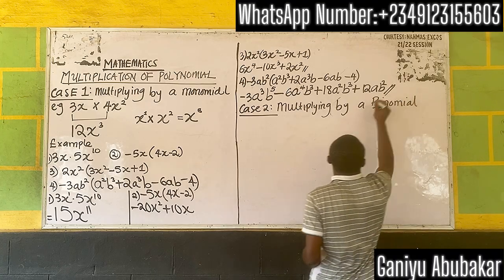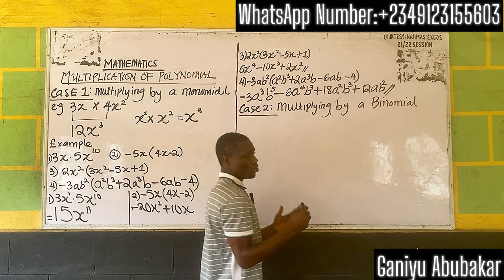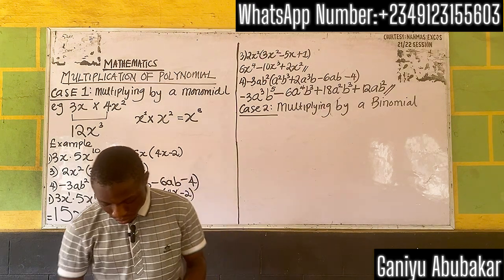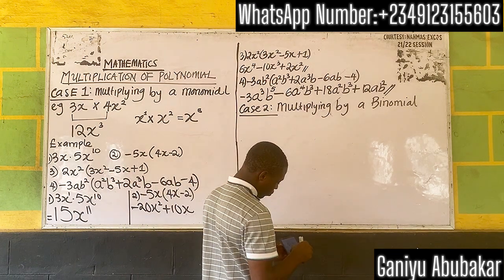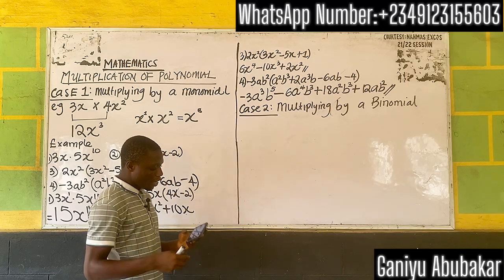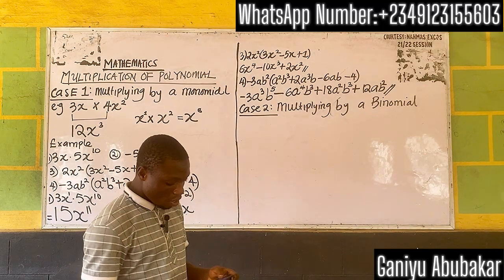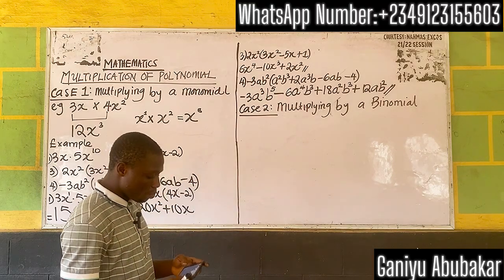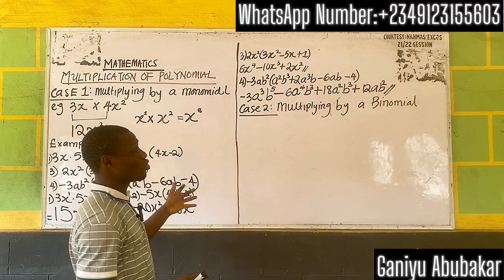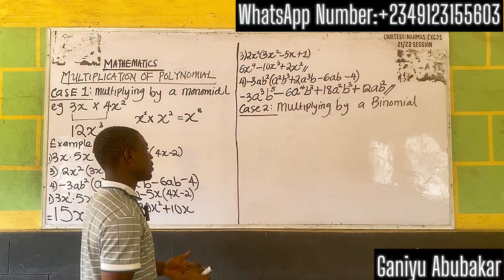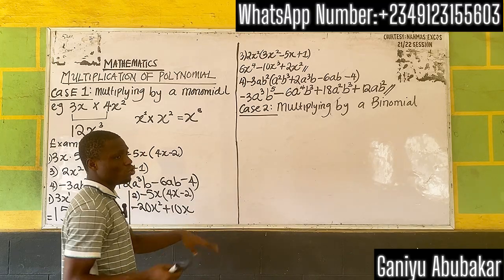It means you're multiplying two terms together, right? So when it comes to multiplying a binomial, that is simple. Let me show you how it works. I'll take an example. I'll just give you two examples on this so that I can move faster.